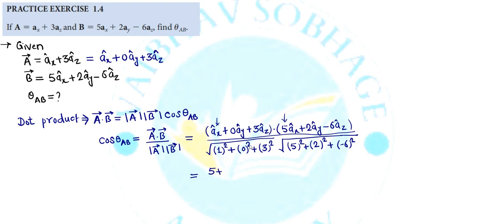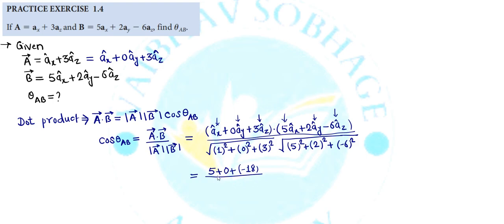Then plus the component of y with the component of y, 0 into 2, so we have 0. Then the component along z direction, 3, and minus 6 over here, so 3 into minus 6 is minus 18. So this is all about the dot product in between the two vectors.